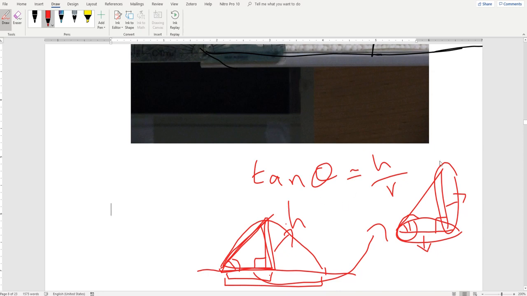So from this equation you will be able to calculate the angle. When you divide height by radius you get a number; in the calculator use arctan and then you will be able to get the angle.